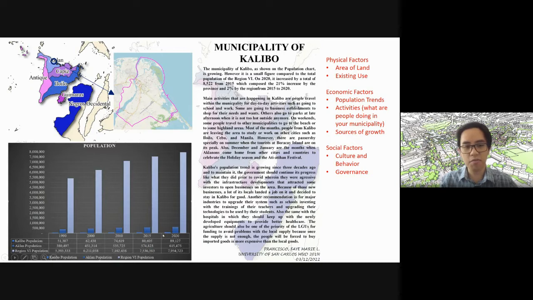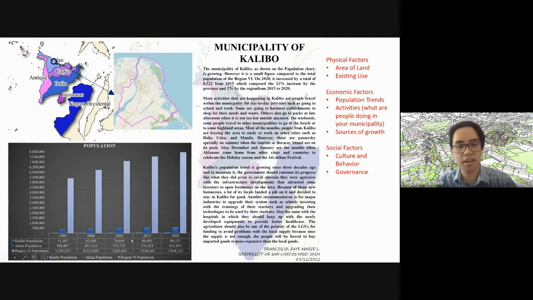So you can see it's fluctuating but fairly stable, roughly a 10,000 increase per decade in 1990 and 2000, and then 12,000 people between 2000 and 2010. That's probably the highest increase, and then it goes down in 2015 with about 6,000 people, and increases again in 2020 with an additional 9,000 people.